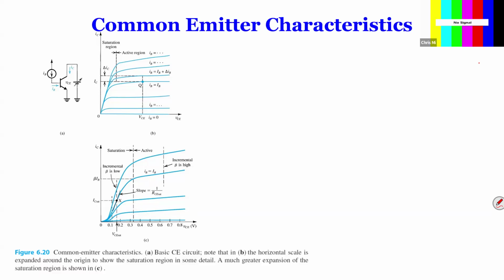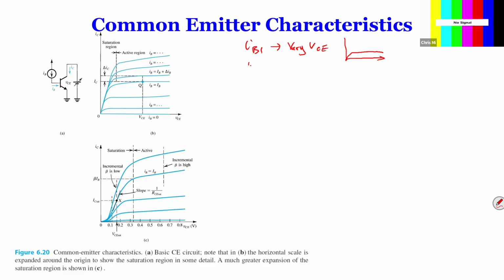You fix IB, given IB1, and you vary VCE, you get this curve. You get one curve.